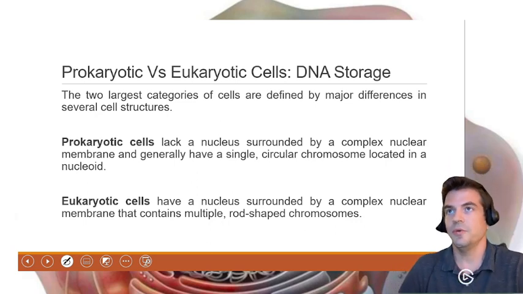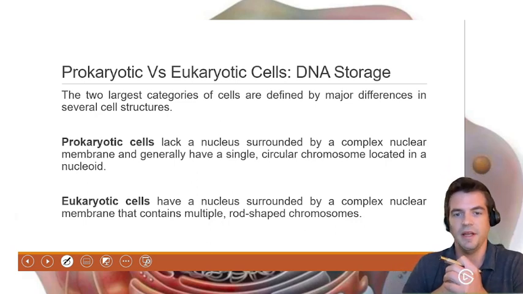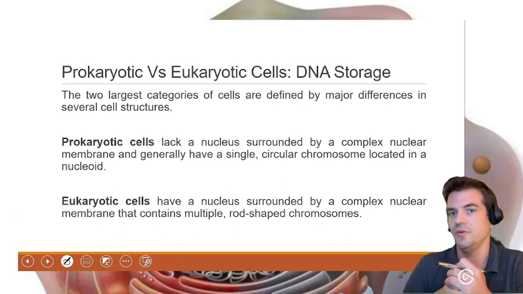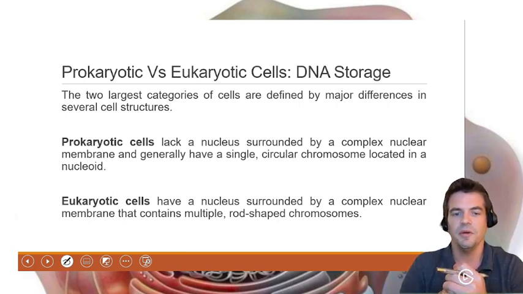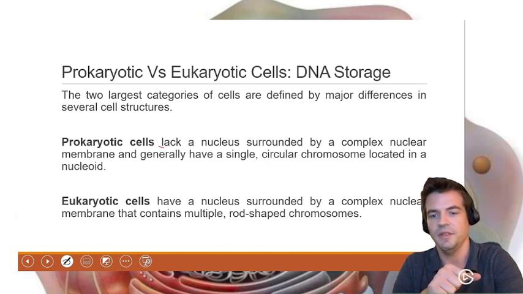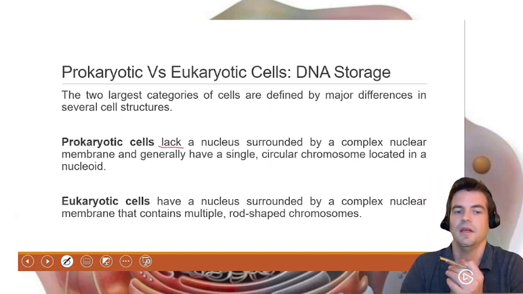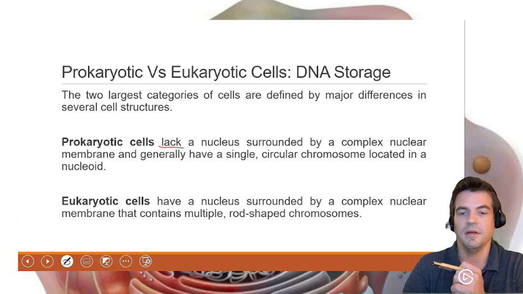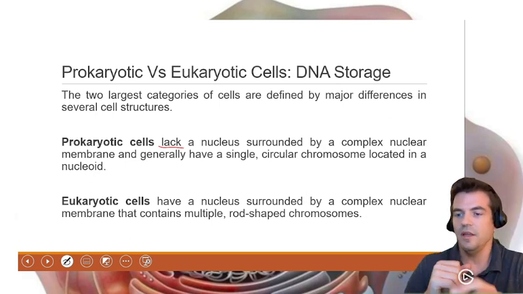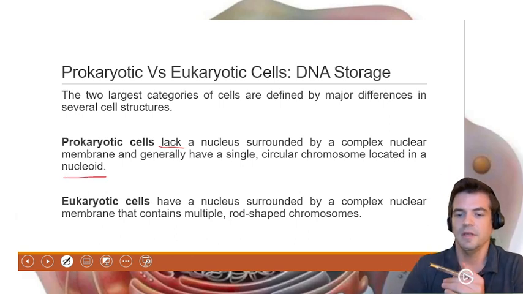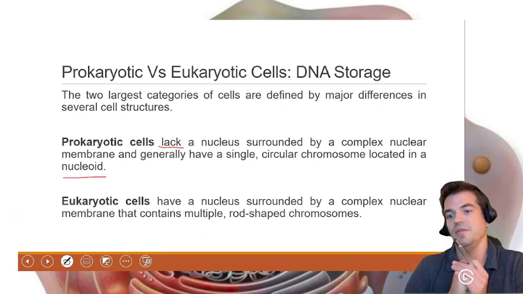And so both types, prokaryotes and eukaryotes, have DNA, so we need to store that DNA. The prokaryotes do not have a nucleus, they lack a nucleus, and instead have a region called a nucleoid. That's where their DNA can be found.